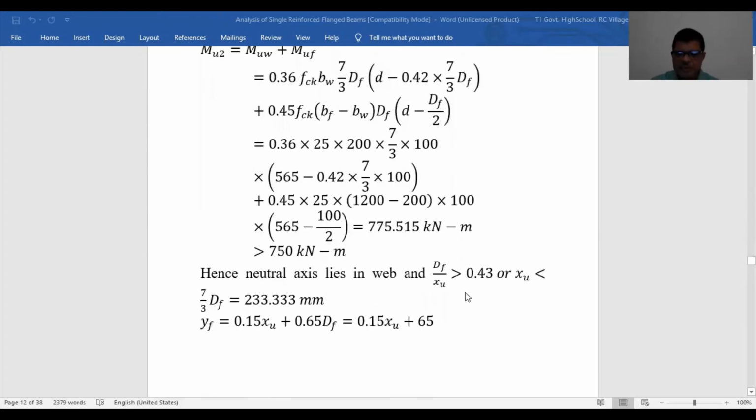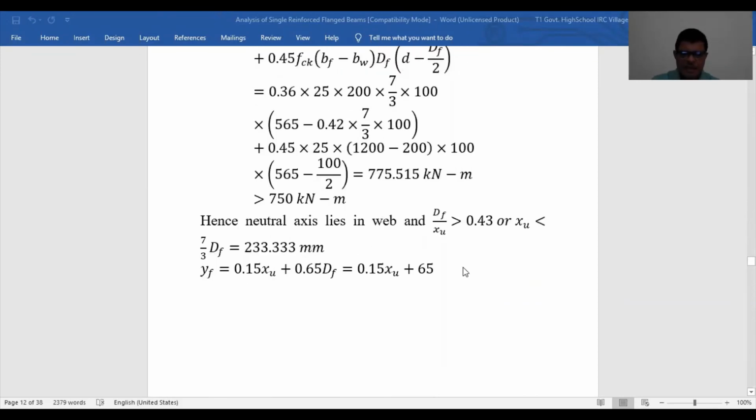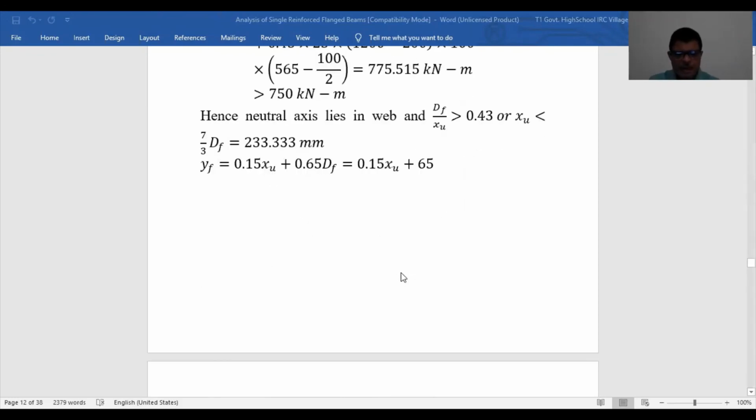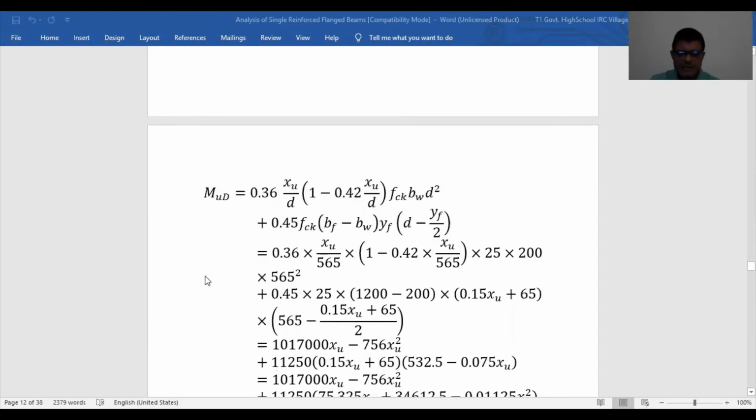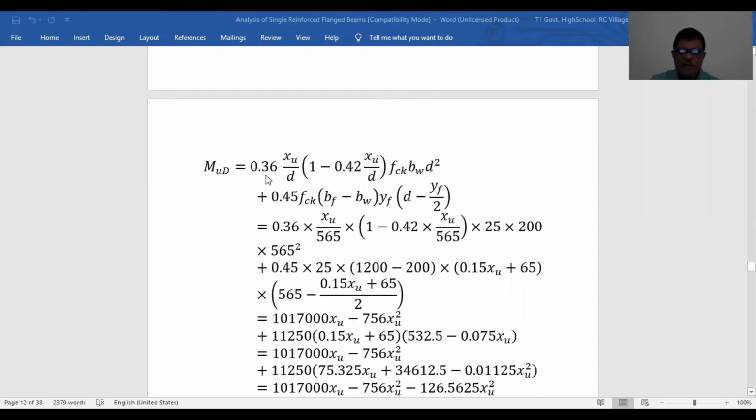So if df by xu is greater than 0.43, then you can put the value of yf. Okay, 7 by 3 df, yf you can put the value and find out the value of MUD, the design moment. So put the second equation, by putting the second equation G 2.2.1, and here it will be yf instead of D minus df by 2.